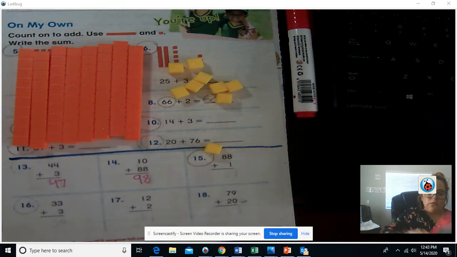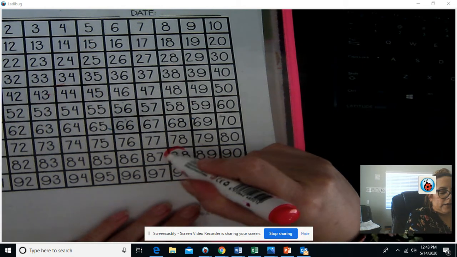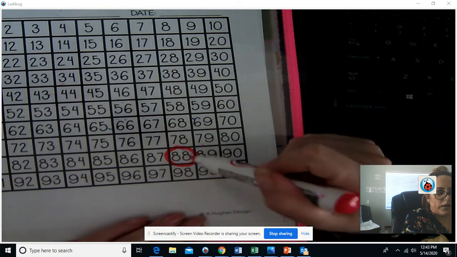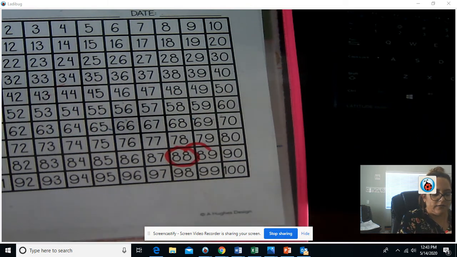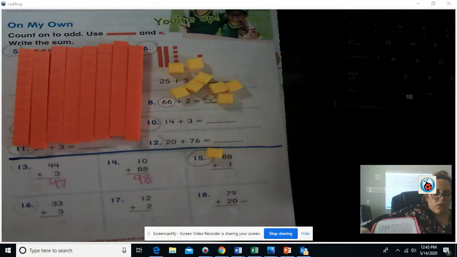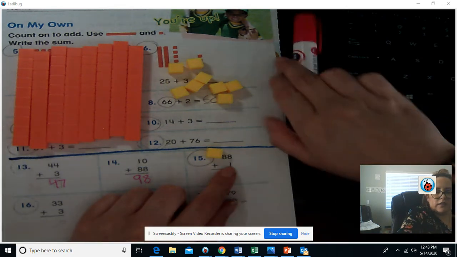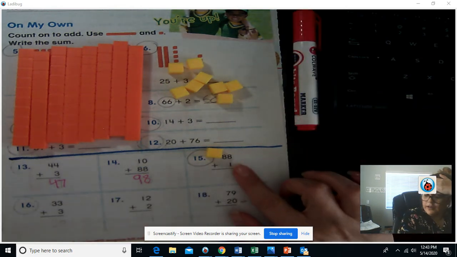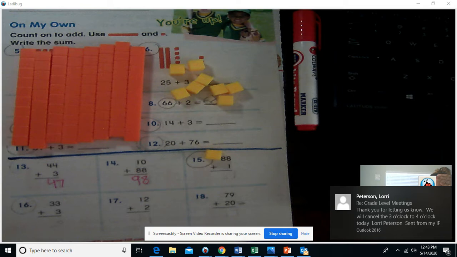Or I can use my number chart. I find the number 88 and I make one jump, plus 1. Plus 1 leaves me at 89. Or I can take the number 88, save it in my head, put up one finger, and I'm going to start counting 88, 89.